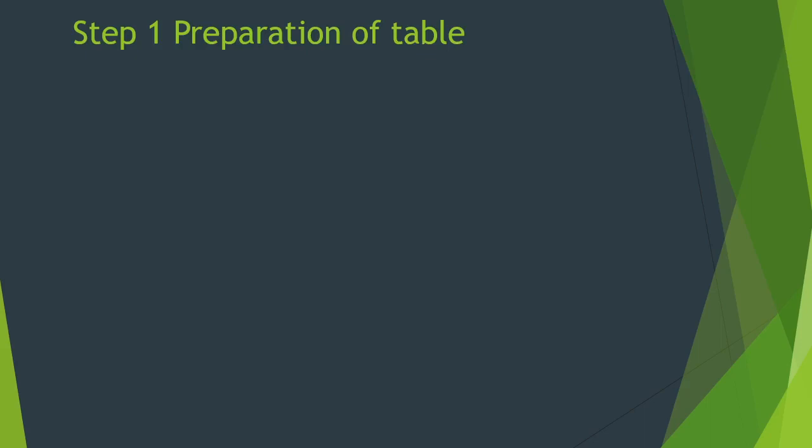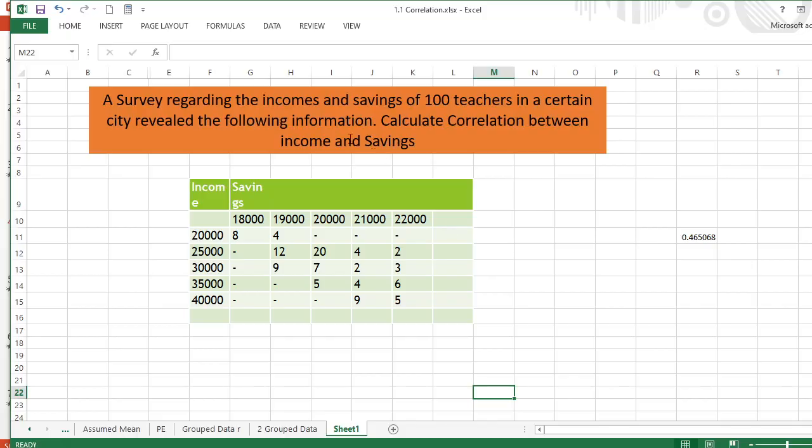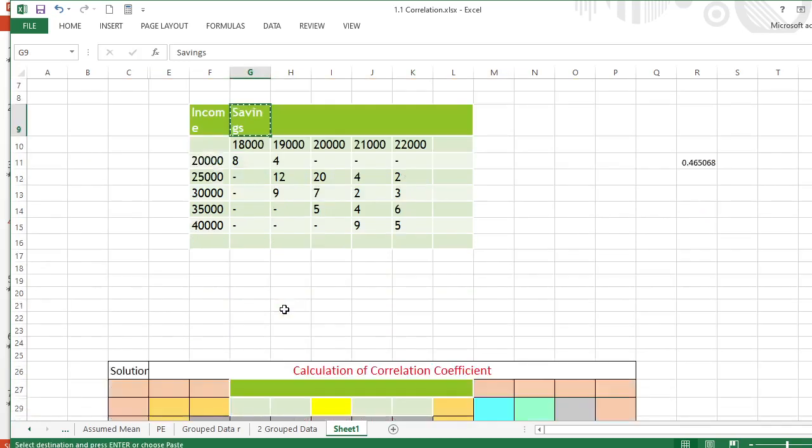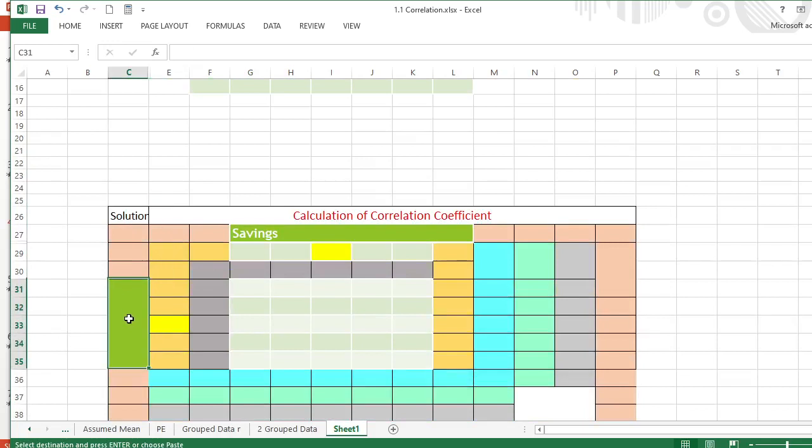For this table I'll just switch to the Excel sheet. The same problem I copied here. They have given incomes and savings. I'll consider the savings as my x variable and income as my y variable.